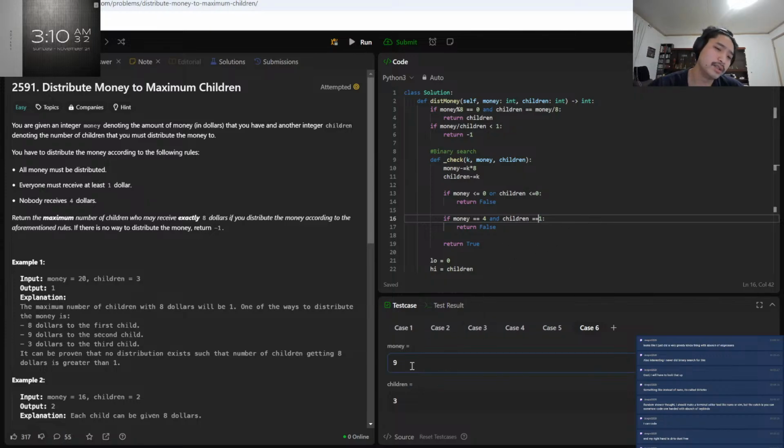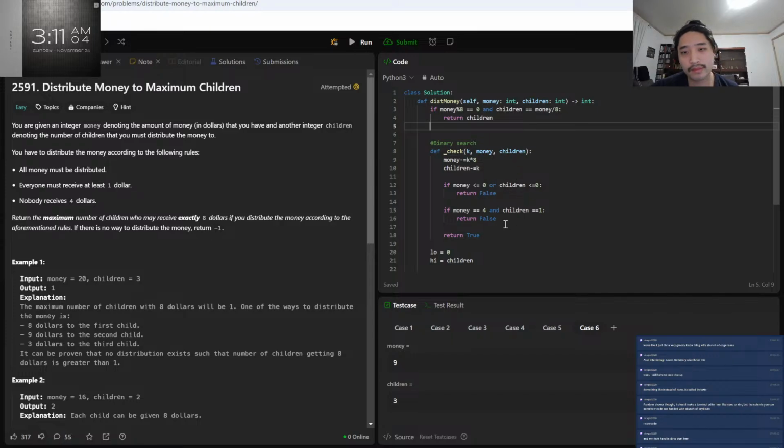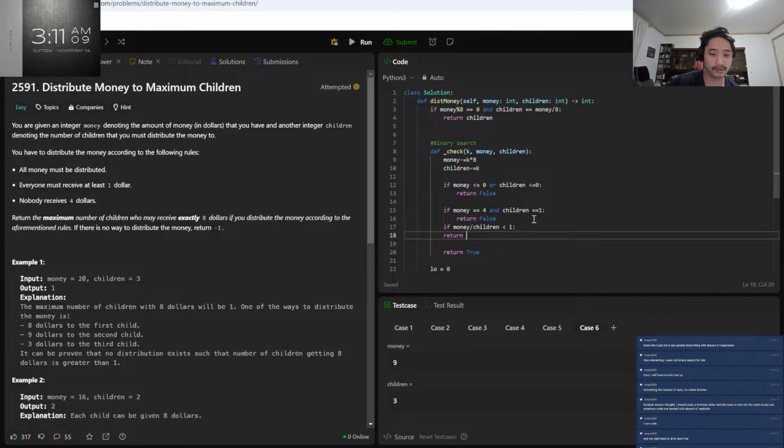Is this another edge case? It's not an edge case, I would say. Because this would be correct for 1, which is not correct, because you can't divide the rest. You can't do this, it should return false.